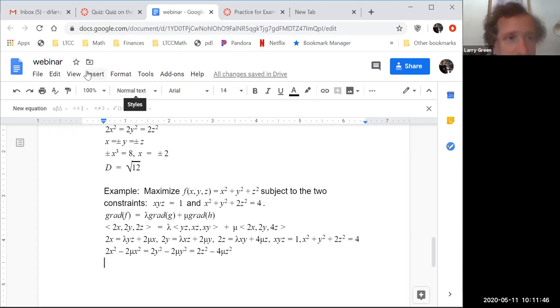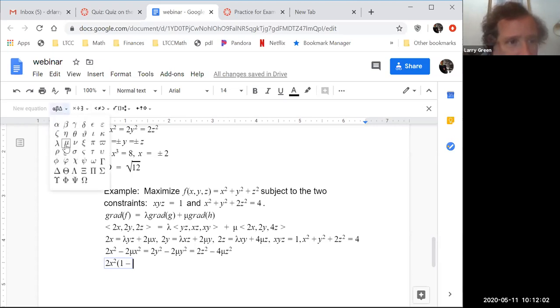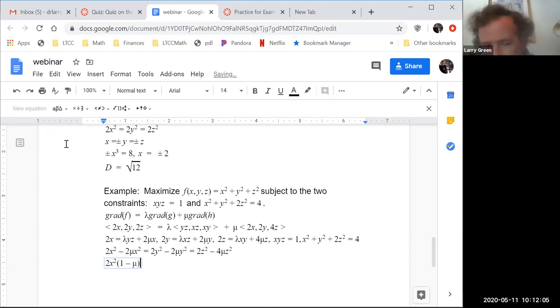So now I can say that 2x squared times 1 minus mu is equal to 2y squared times 1 minus mu, which is equal to 2z squared times 1 minus 2 mu.